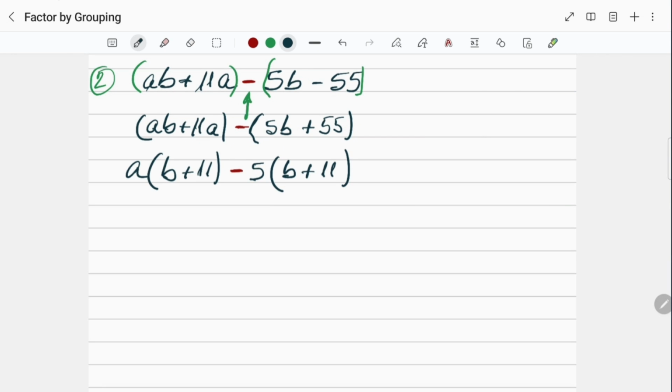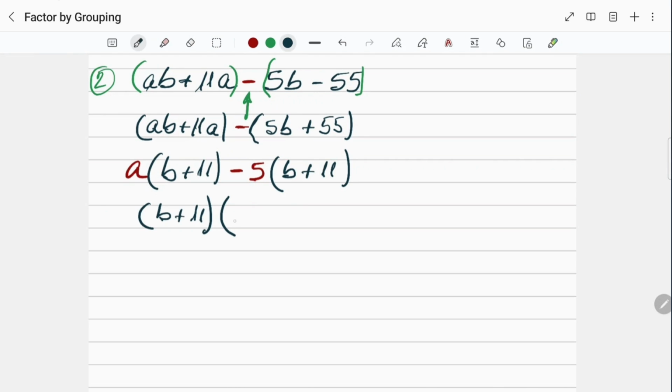Now I see that I have a common binomial factor. This common factor is b plus 11, and that is common factor of the a that we have right here, and the 5 that we have right here.